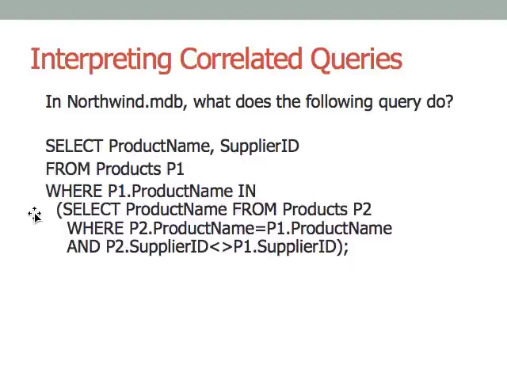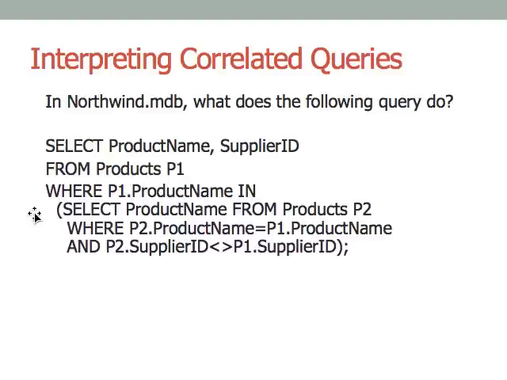That means the inner query must return a set of values. Let's look at the inner query. It says select product name from products, the same table referenced with another alias called P2, where P2.productName equals P1.productName.